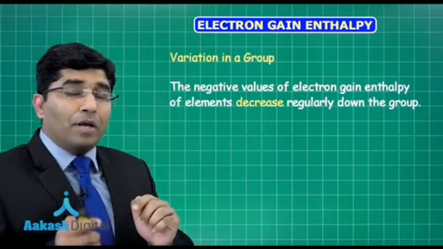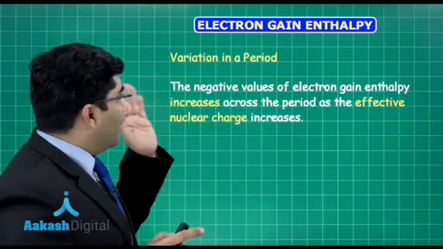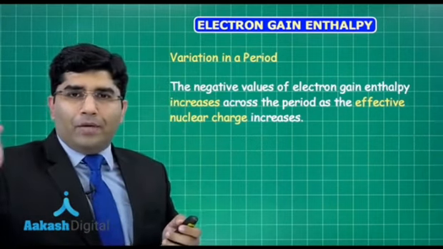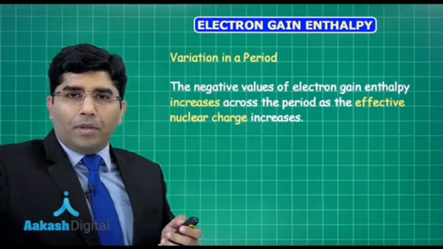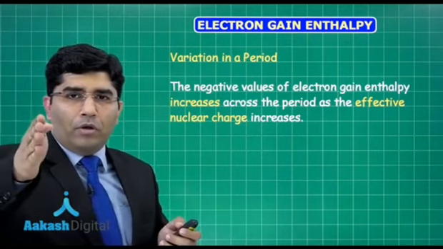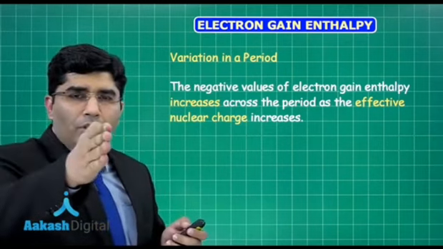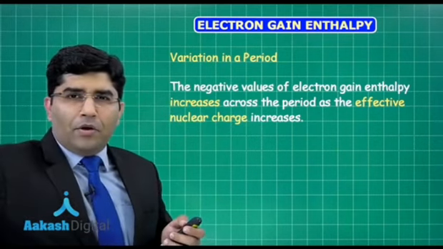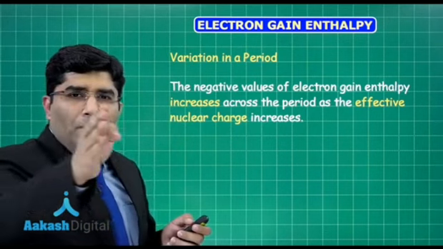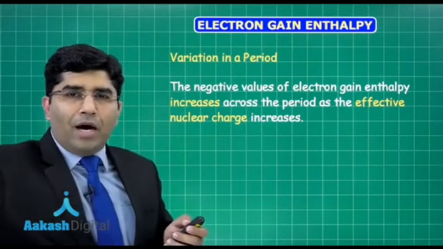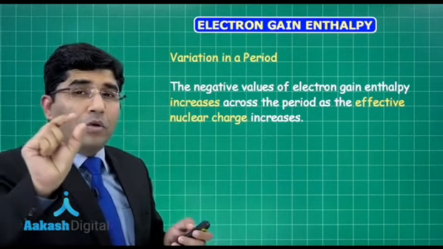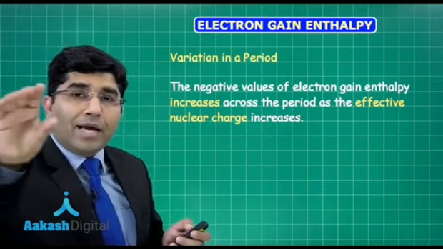Now let's see the variation in period. Let us assume the second period: lithium, beryllium, boron, carbon, nitrogen, oxygen, fluorine. So what is happening? We are increasing the atomic number. We are increasing the number of protons in the nucleus and size is also decreasing.